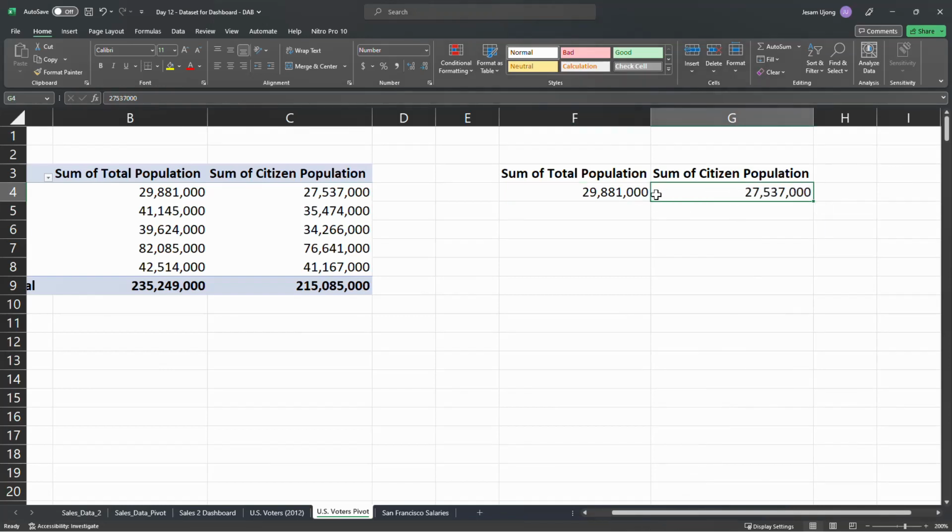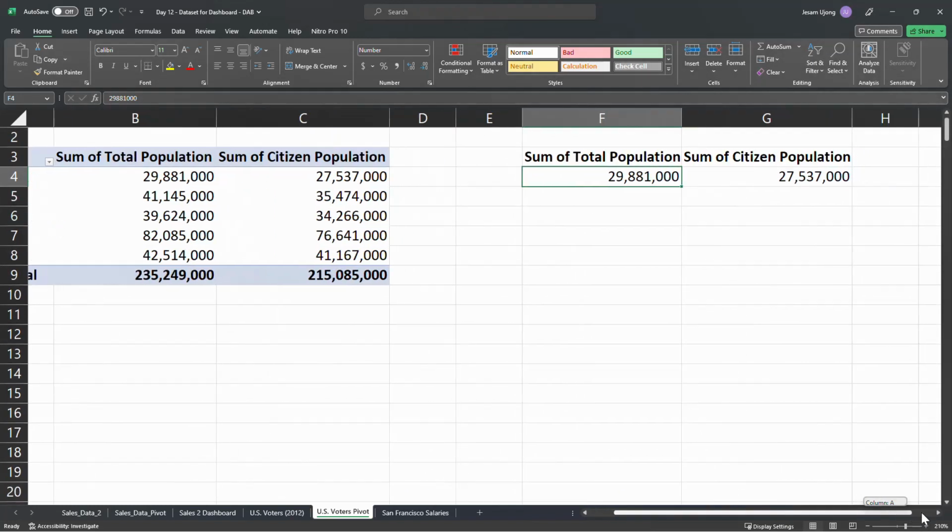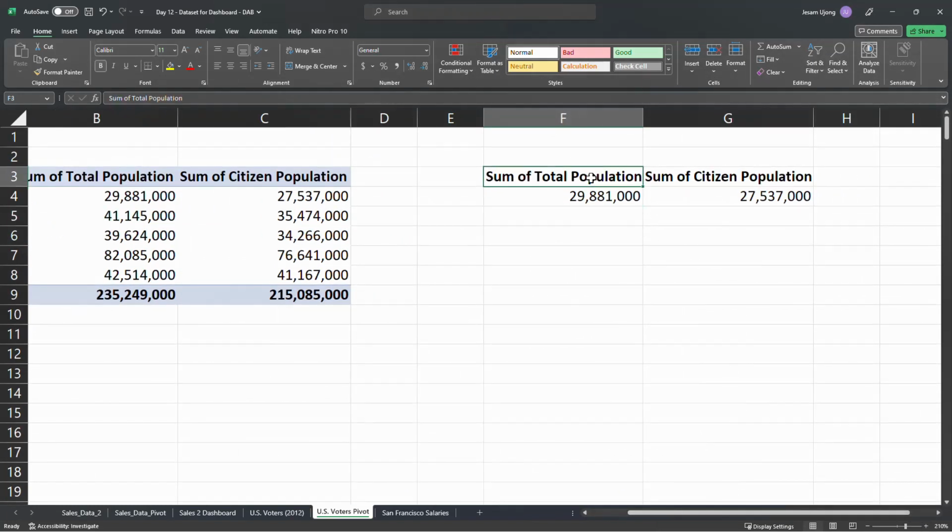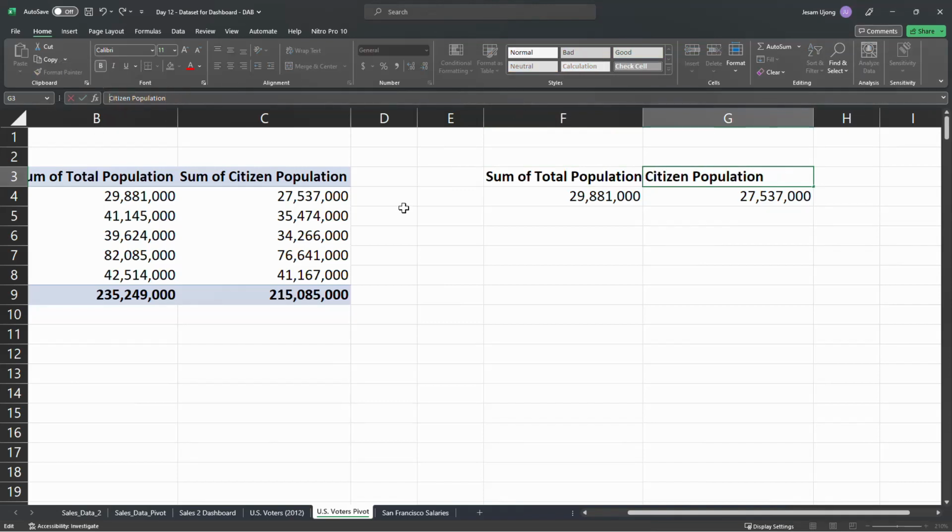So we have the total population, and then we have sum of citizens.